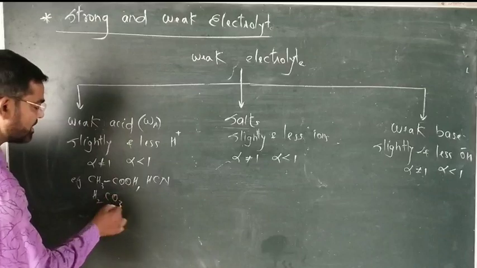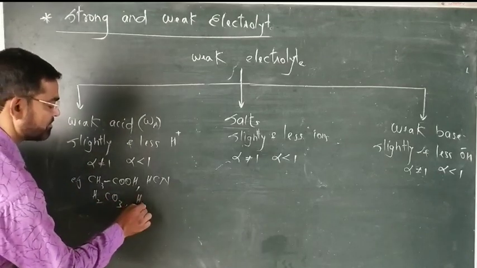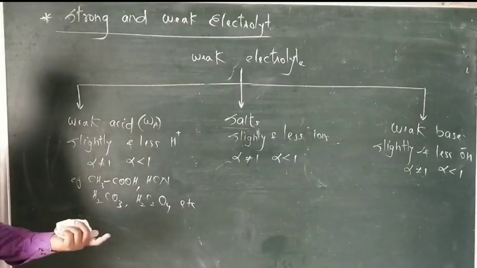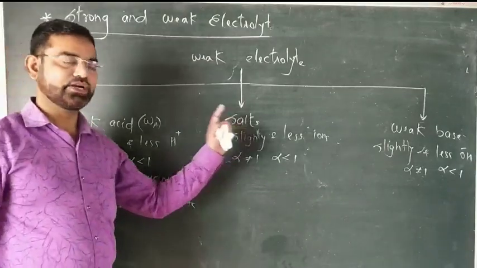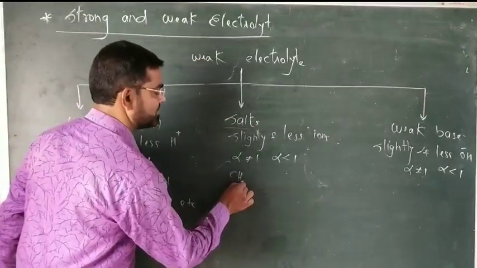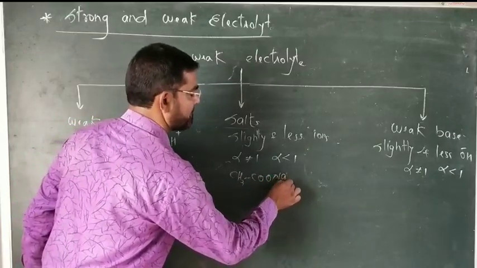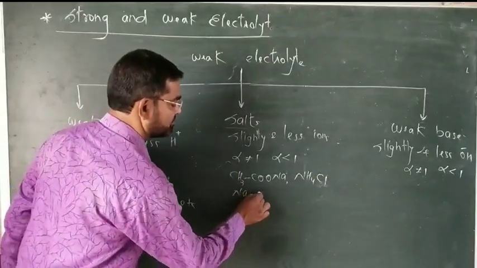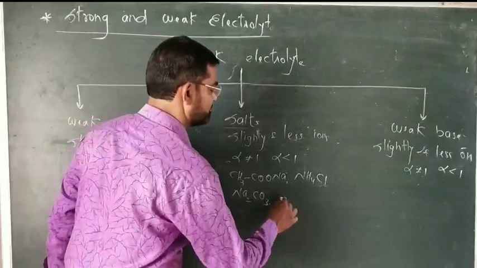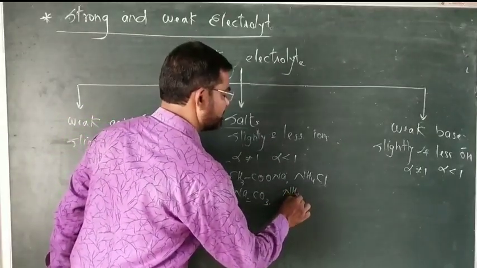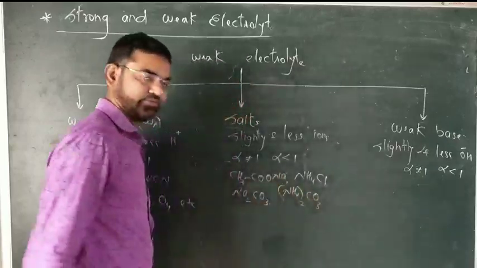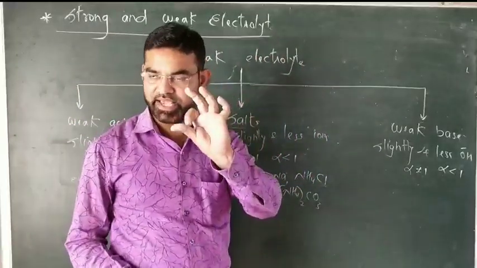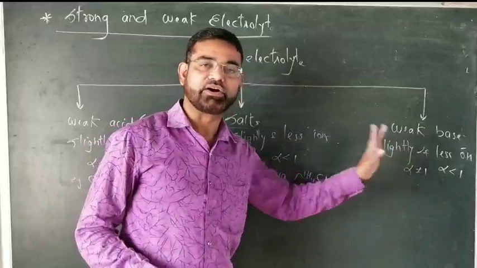Similarly, carbonic acid, oxalic acid, tartaric acid, cyanuric acid, etc. Salts, for example, sodium acetate, ammonium chloride, sodium carbonate, ammonium carbonate, etc. In weak bases, all bases except NaOH and KOH are counted here.